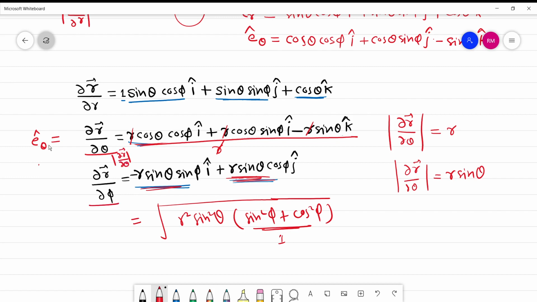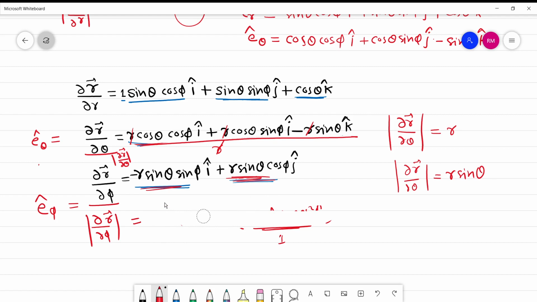Similar thing I can do here, delta r bar by delta phi. This will be equal to e phi cap, and this quantity is r sine of theta, right?